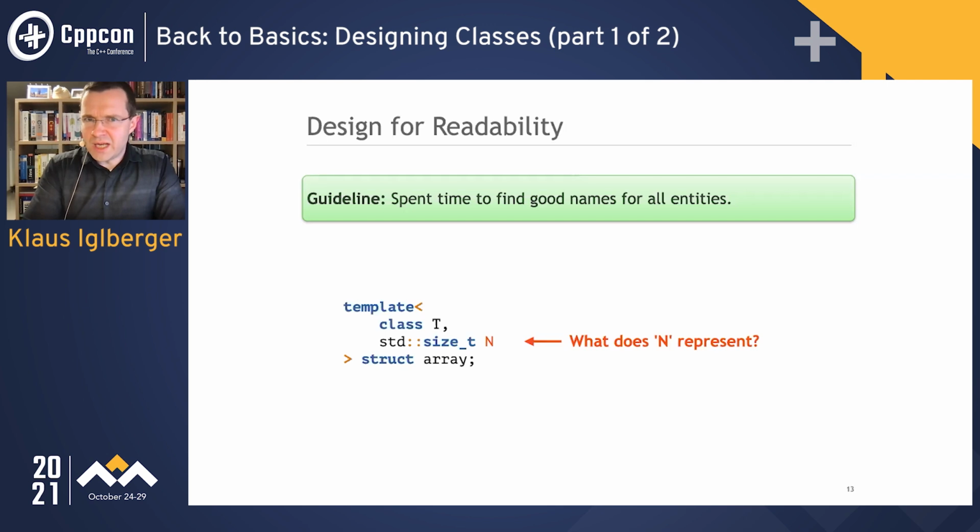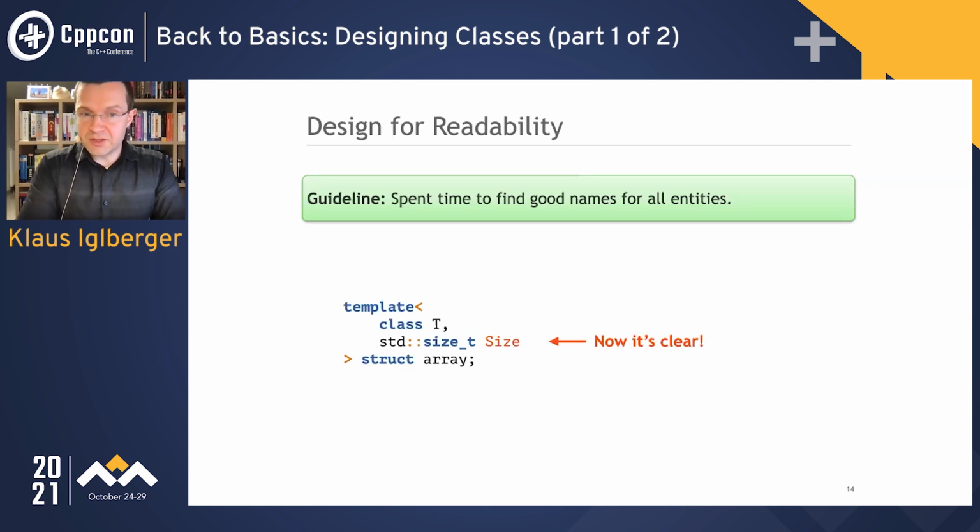Is this a good name for some size value? That is probably a better name. We probably should name this size. That would be much easier to understand, much more intuitive, and therefore more readable. So I think size would be much clearer at this point.